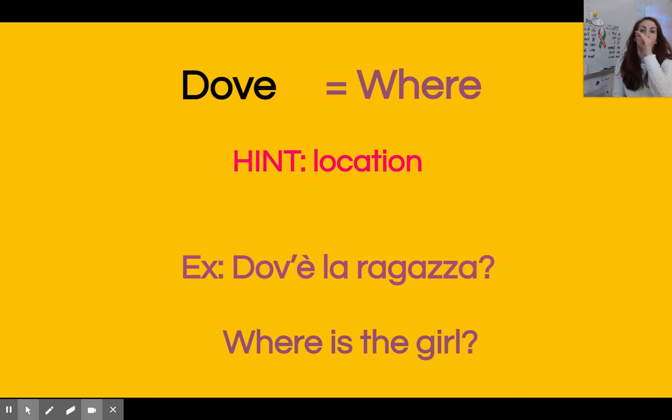So instead of writing dove e, we actually just chop off that e in dove and kind of combine them. In Inglese, we do that with it is, it's, or where is, where's, right? Apostrofo S, apostrophe S. The same thing can happen in Italiano. Again, per favore, put the video on pause and copy down these example frasi.